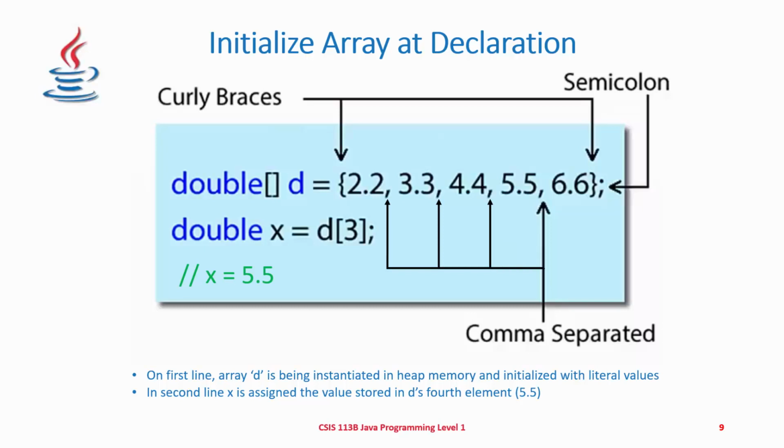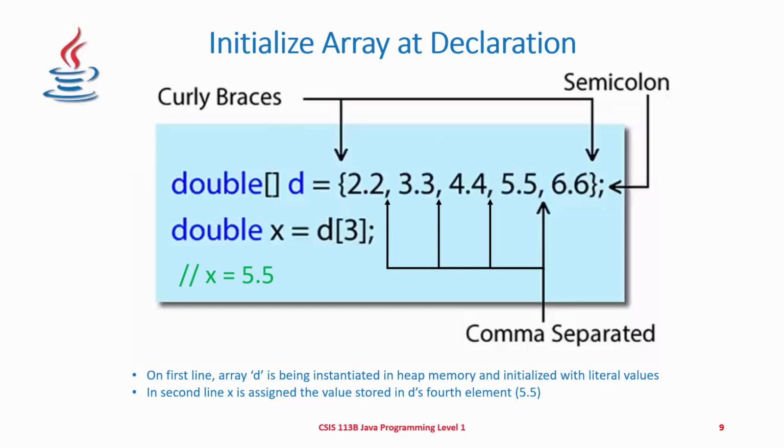As you see here, we've got a total of 5 values between curly braces. They are doubles, so that's why we see the decimal places. But the important part is that each individual value is separated by a comma.